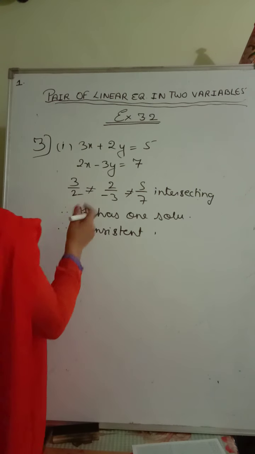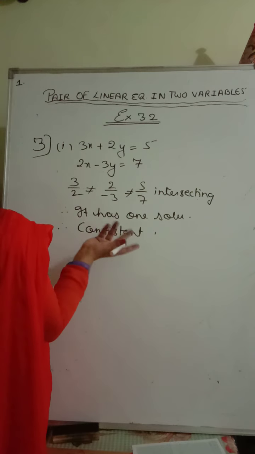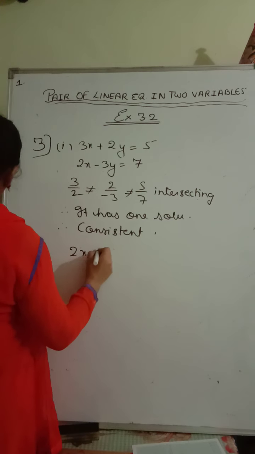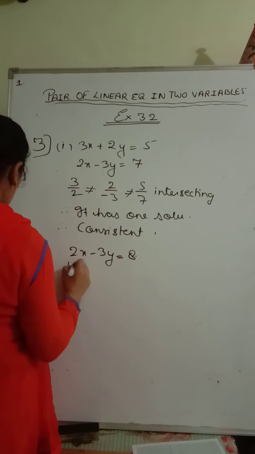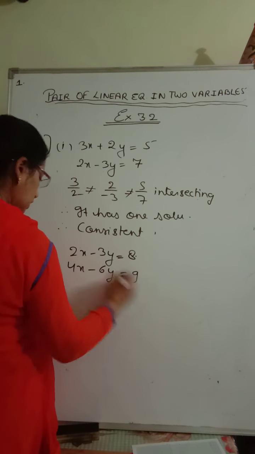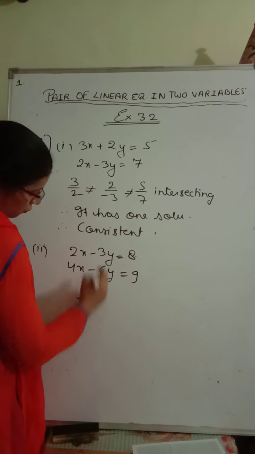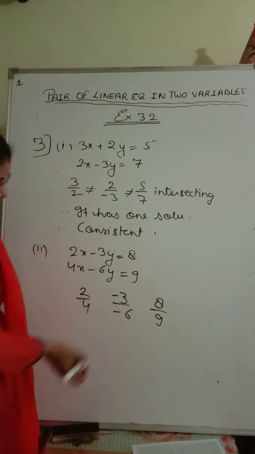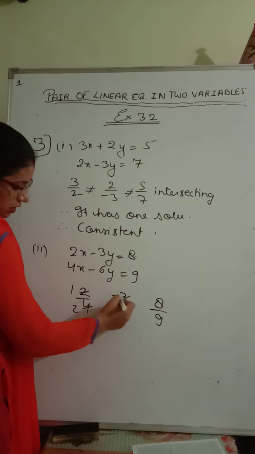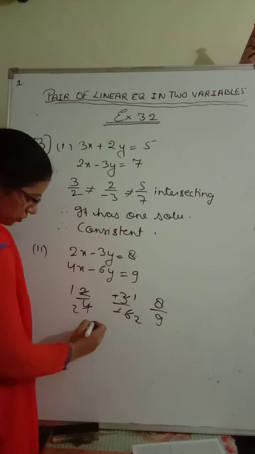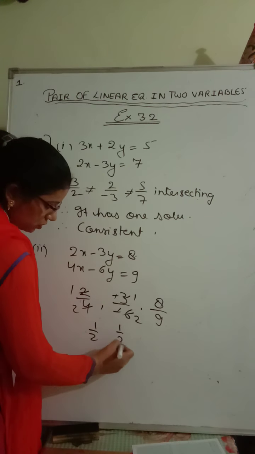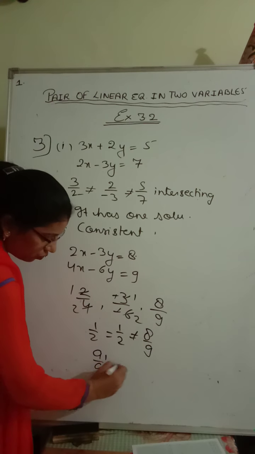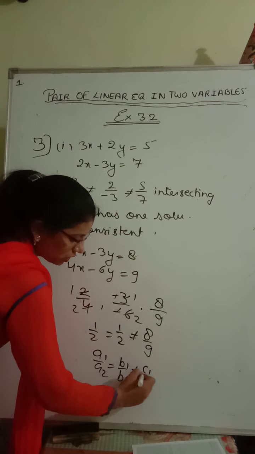Take the second part now. Second part is 2x minus 3y equals to 8 and 4x minus 6y equals to 9. A1 upon A2, 2 upon 4, B1 upon B2, minus 3 upon minus 6, C1 upon C2, minus 8 upon minus 9. 1 upon 2, minus and minus cancel, 1 upon 2, and this is not cancelled out. 1 upon 2 equals 1 upon 2 is not equal to 8 upon 9. तो जहाँ पर A1 upon A2 equals B1 upon B2 is not equal to C1 upon C2 आता है, तो क्या होती है?